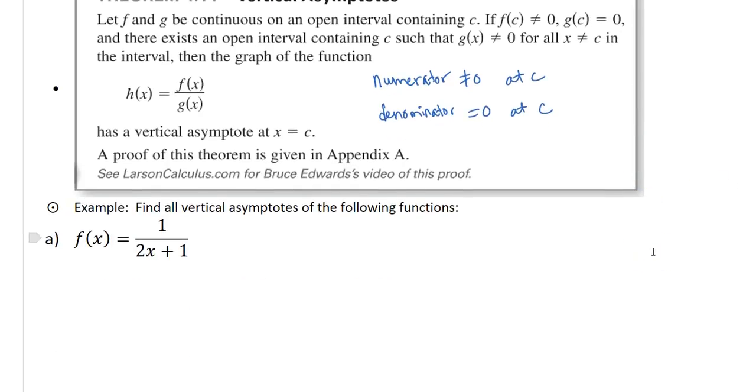So let's take a look at an example. We want to find all vertical asymptotes of the following function. So I've got f of x equals 1 over 2x plus 1. And I'm just going to do a quick check. 1 and 2x plus 1 have no factors in common, so we are good to go there. So I am just going to set the denominator equal to 0. So 2x plus 1 equals 0.